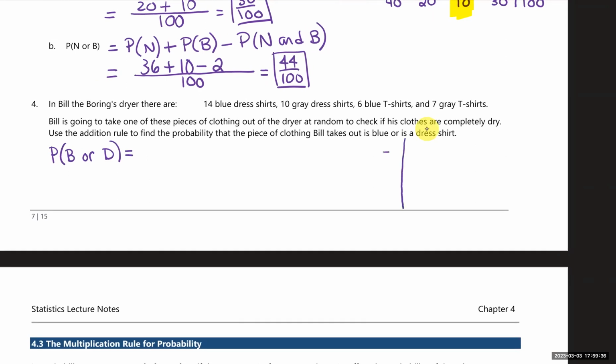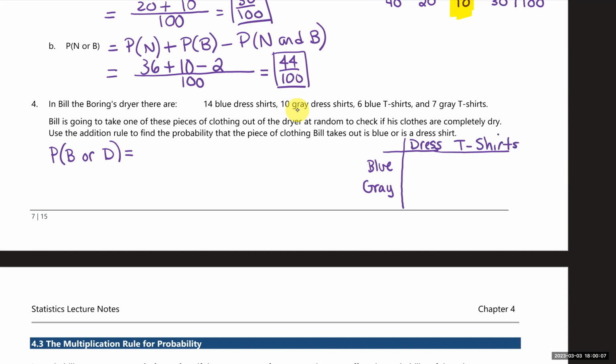It's not necessary exactly, but it can help to sort of see how it relates to what we've been doing. So there's two things to keep track of here. Some of his shirts are blue and some are gray. And some of his shirts are dress shirts and some of his shirts are t-shirts.